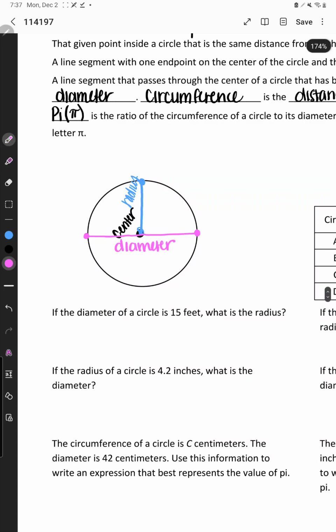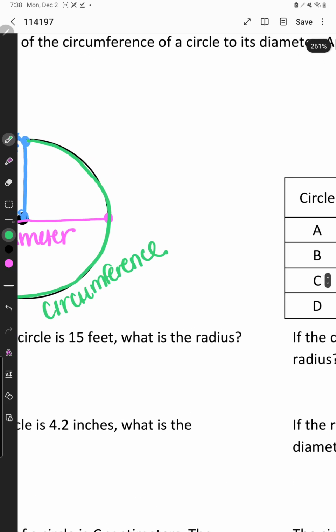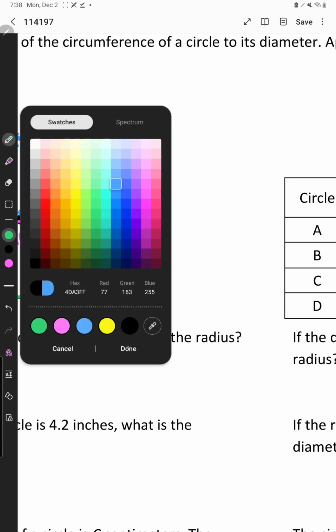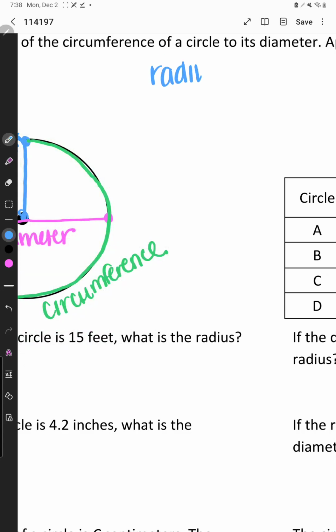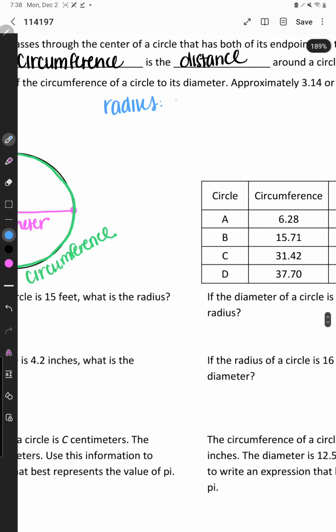Then the second to last thing it tells us is that there is something called circumference. And circumference is the distance around the circle. Circumference is the perimeter of the circle. Okay, so radius: center to circle.